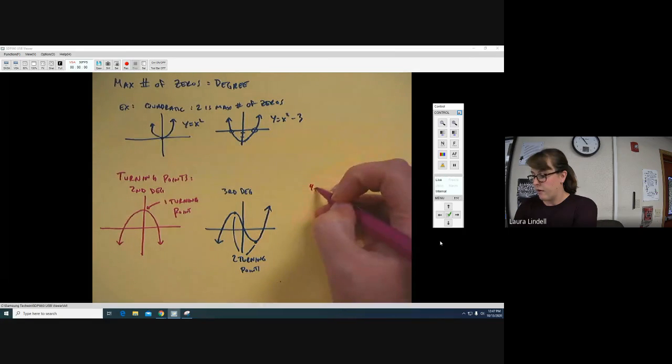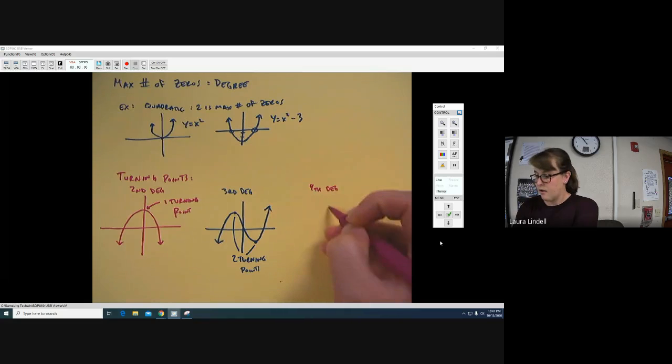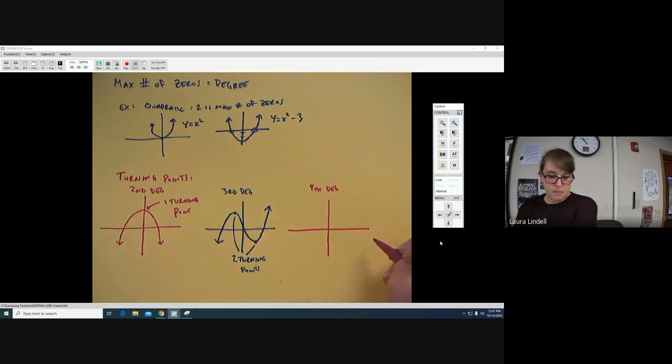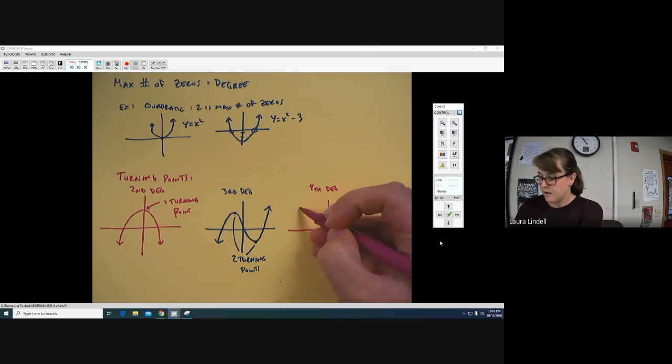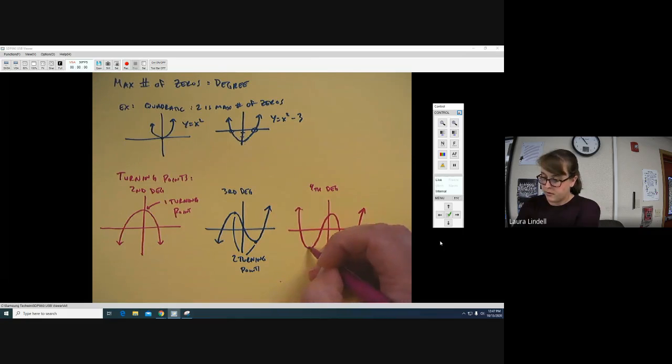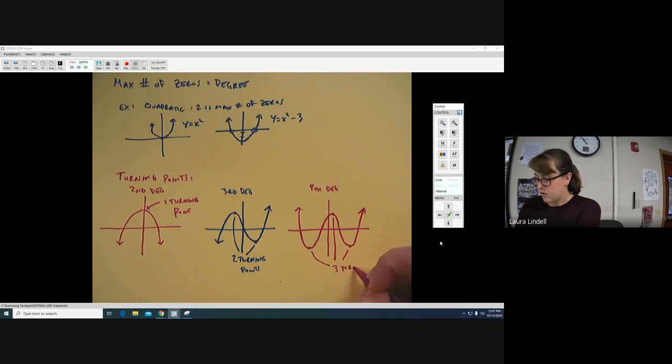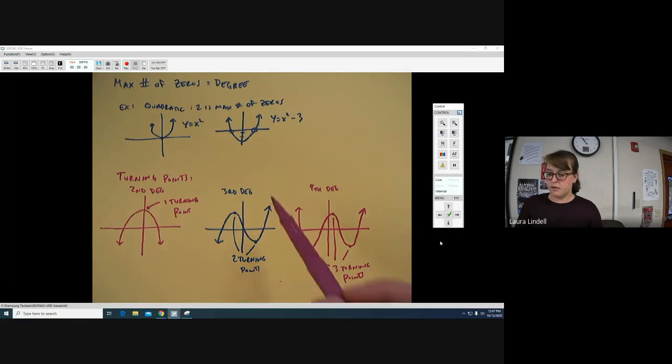And let's look at a fourth degree. A fourth degree can have a maximum of 4 zeros, so let's show something like that: 1, 2, 3, 4. And on this fourth degree polynomial, we have 3 turning points. So we can start seeing a pattern here. The second degree has 1 turning point, the third degree has 2, the fourth degree has 3.